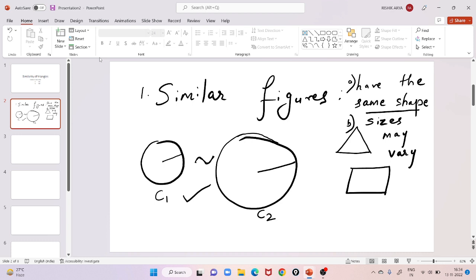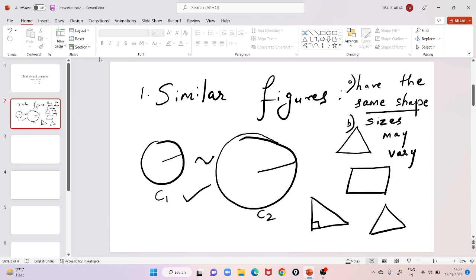But there are so many types of triangles in which we can't say that every time the two triangles are similar. For example, if we consider a right angle triangle and an equilateral triangle, in this case we can't say that the shapes are same. They have different shapes.